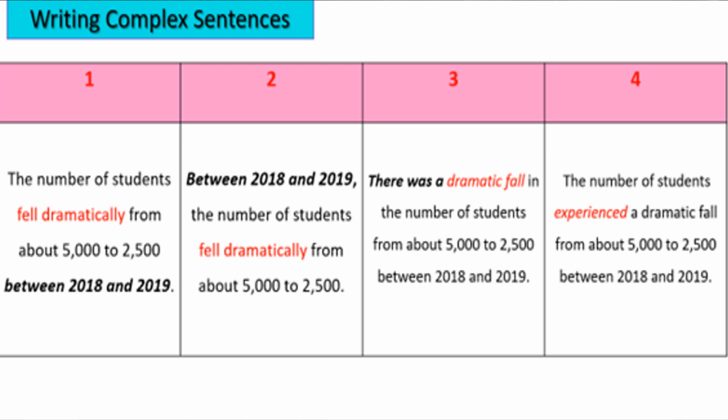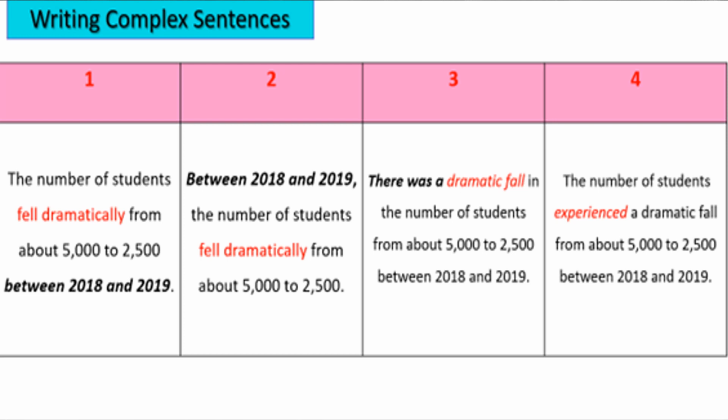But here you will use the degree of change first followed by the noun. And when you are putting it before the noun, remove this ly and make it dramatic, considerable, significant, gradual, like that. Then you write the title or the subject, the specific numbers, and the dates.